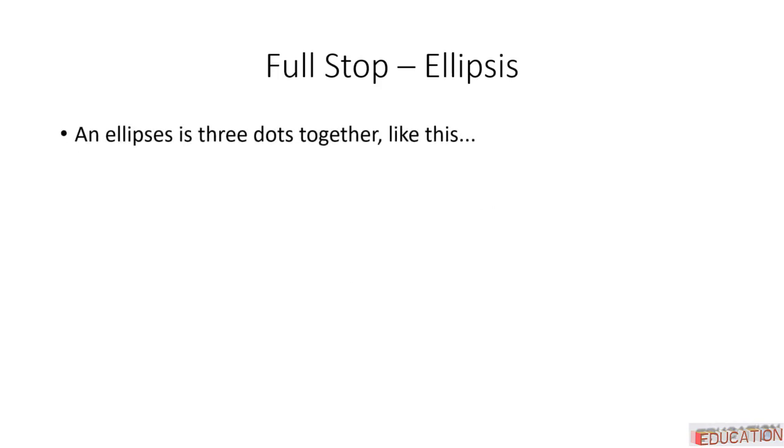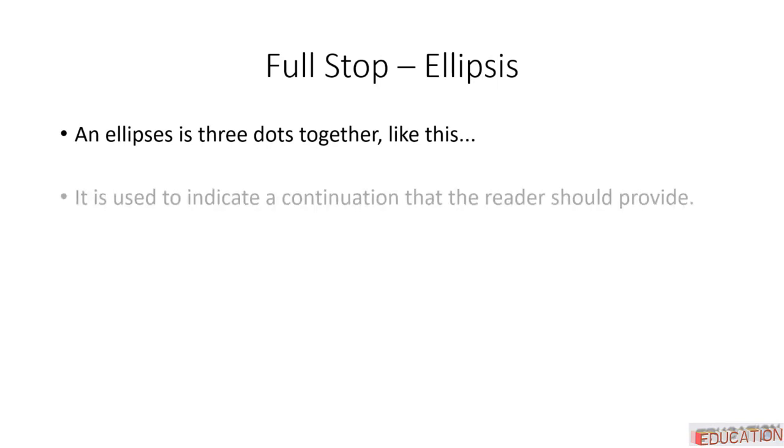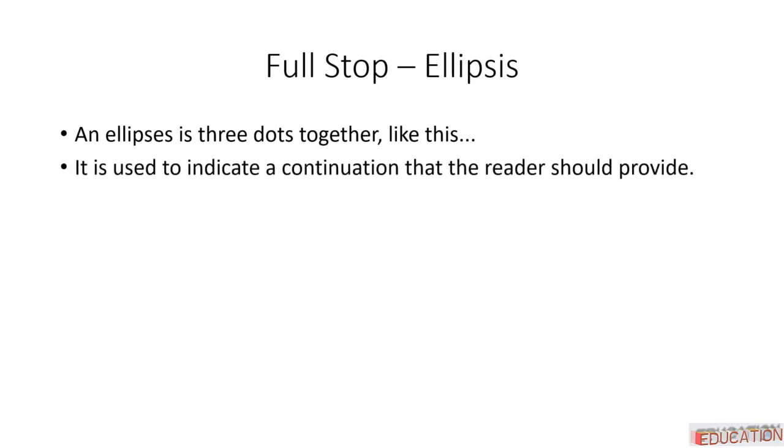An ellipsis is three dots together, like this. And it's used to indicate a continuation, and usually the reader provides the rest themselves. I told him, it's your round... So what you provide is, and he got up and got it.